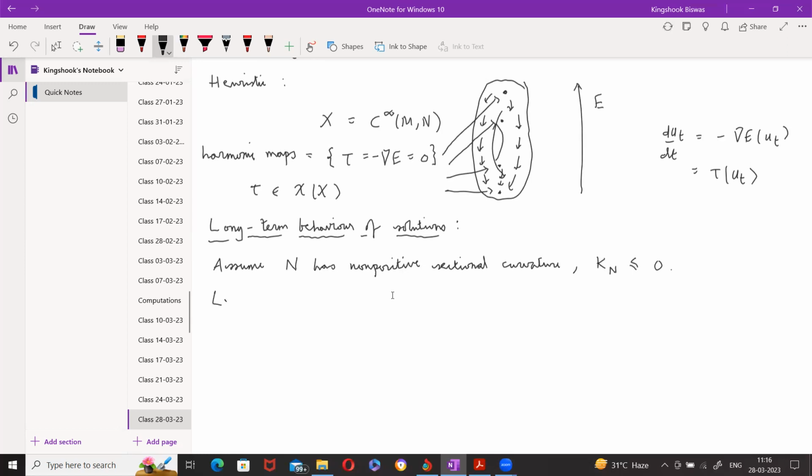So let u_t, t in (0, infinity), be a solution of the harmonic maps heat flow.